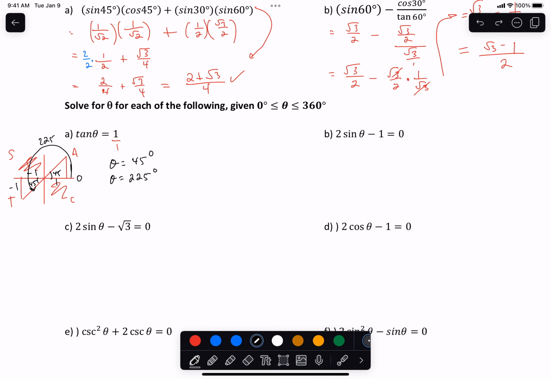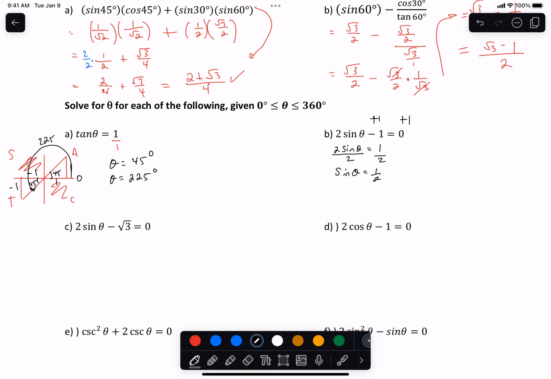Not a big deal. What you can do is just isolate. We can add 1 to both sides. I get 2 sine theta has to equal 1. And then I can divide both sides by 2. So sine theta is going to equal 1/2. So then you ask yourself the same question. Sine is positive. I don't really care about what the ratio is.